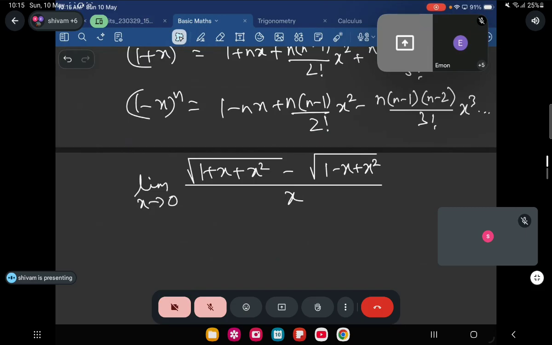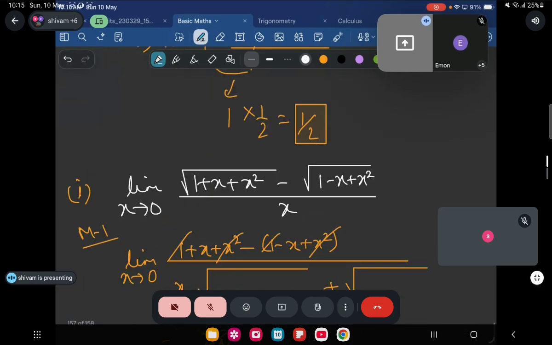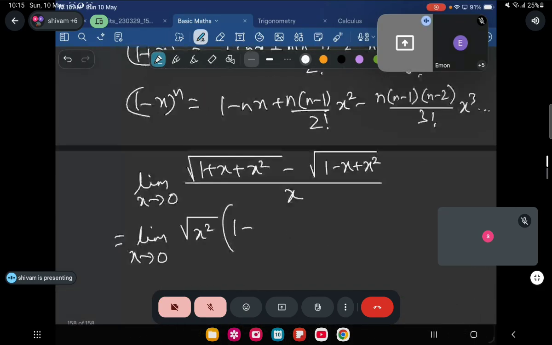Okay, this will give us limit x tends to 0 of root over 1 plus x square. I'll take x square common, so I'll get root over x square common over here. Within brackets, what will I get? Can we rationalize? Yes, you can rationalize. The first method was about rationalization only. I'm doing the second method.